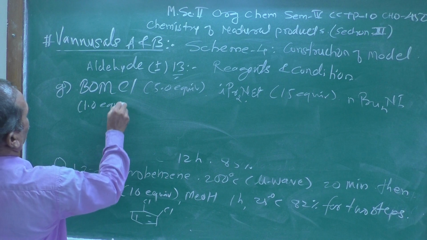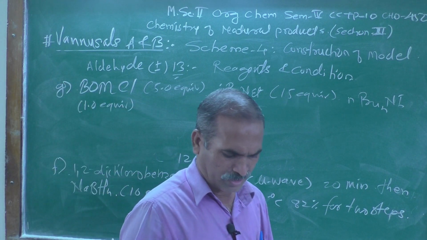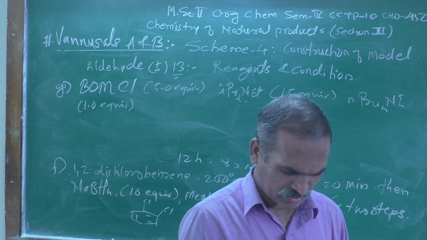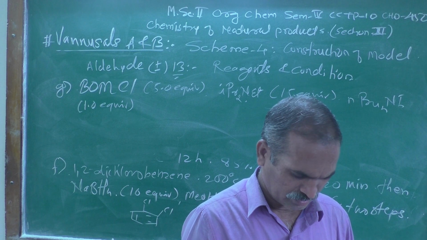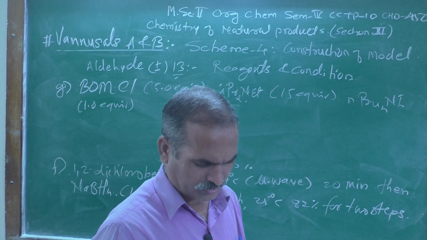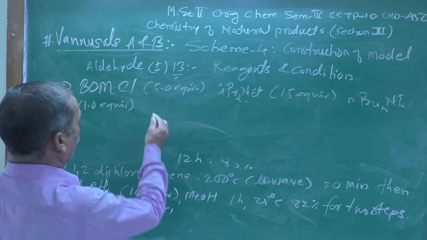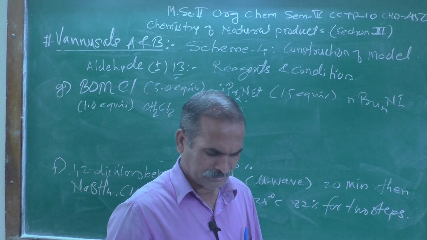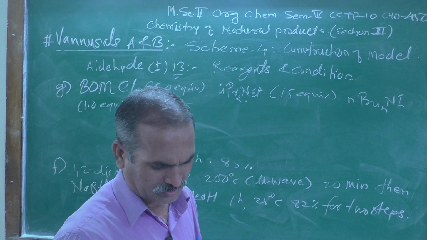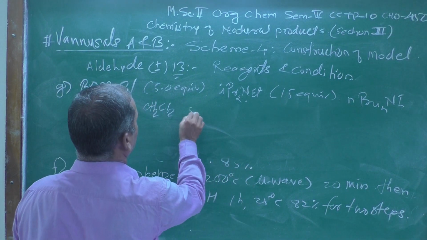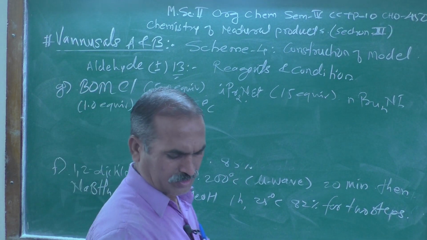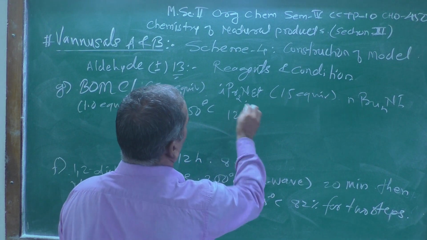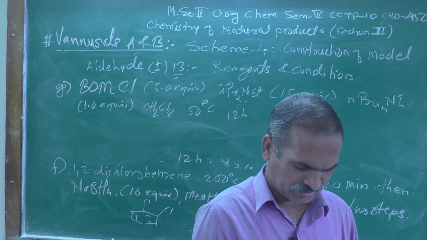After that, the solvent used in that reaction was CH2Cl2 dichloromethane, and the temperature is kept at 50 degree centigrade, and this reaction was stirred for 12 hours.